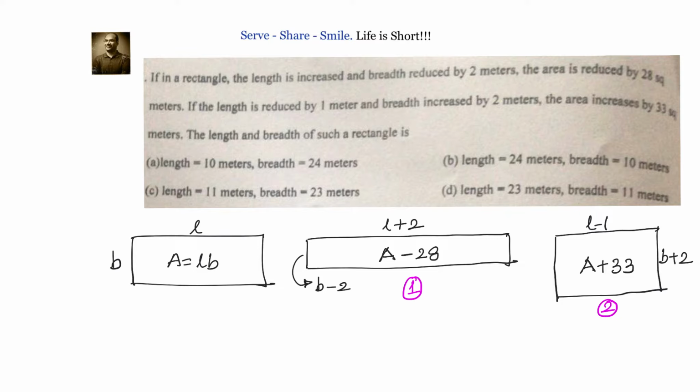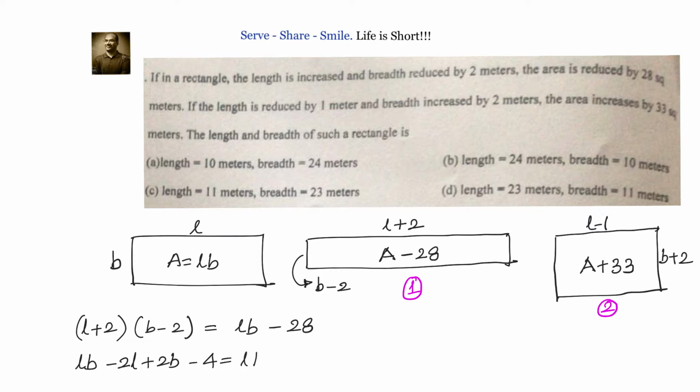So let's write down the first condition. Area in the second scenario is given by length L plus 2, breadth B minus 2, and that equals the original area, LB, minus 28. Let's open the brackets. We'll have LB minus 2L plus 2B minus 4 equals LB minus 28.